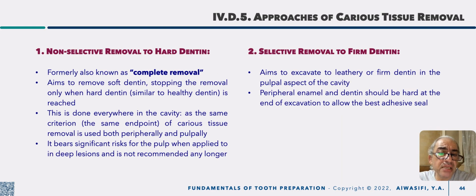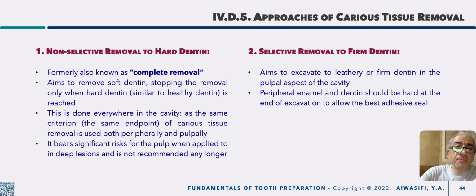The first one is non-selective removal up to hard dentine. This is the old concept. You are removing or lowering the pulpal floor non-selectively, all of it, regardless of whether it is soft or hard, removing all of the carious lesion.